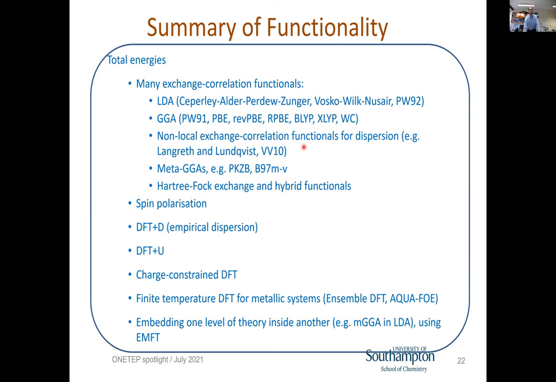We have a paper in preparation on this. We can do spin polarization, DFT plus D with various flavors of empirical dispersion, DFT plus U, charge constrained DFT, finite temperature DFT for metallic systems, and also embedding. We have embedding mean field theory, so embedding one level of theory inside another.